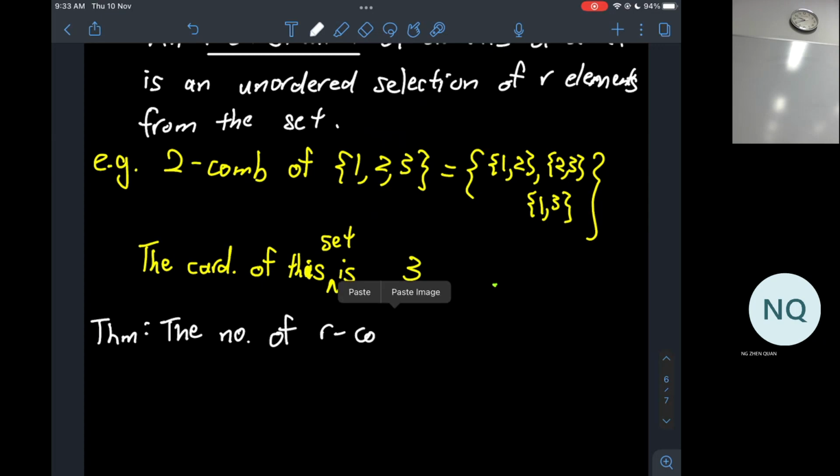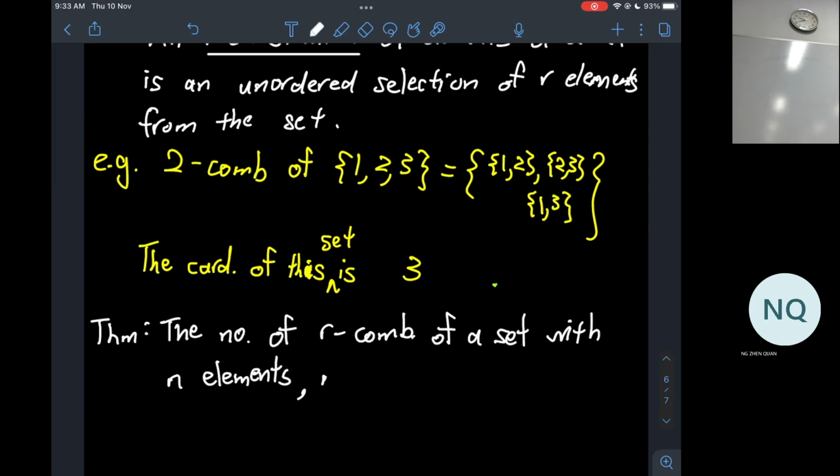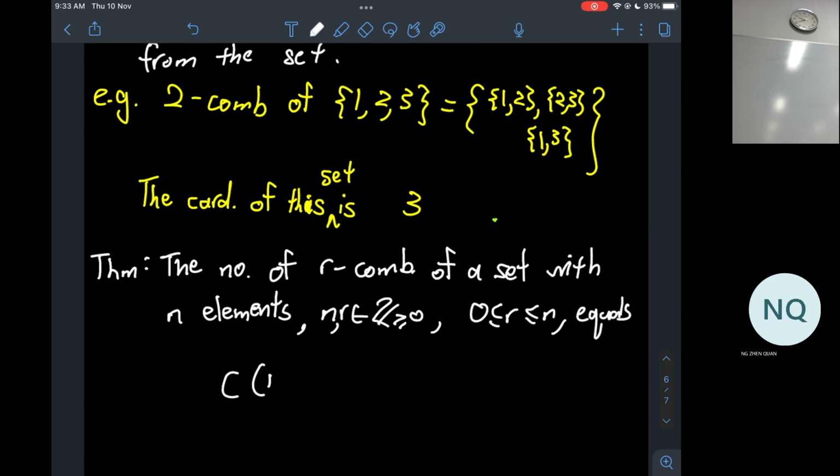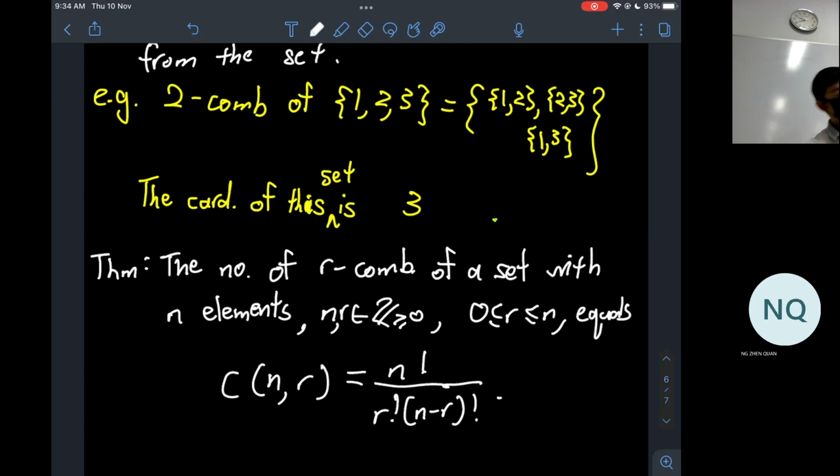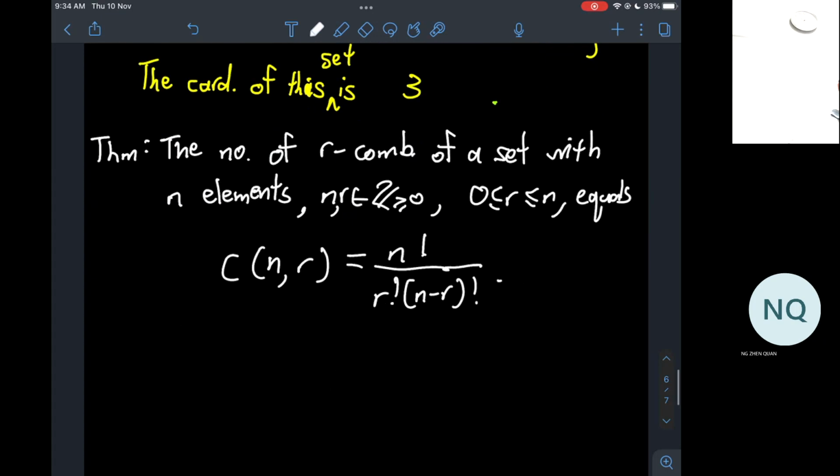The number of r-combinations of a set with n elements, n positive and 0 less than or equal to r less than or equal to n, is C(n,r). It's n factorial over r factorial times (n minus r) factorial. I think you have seen this formula before, right?